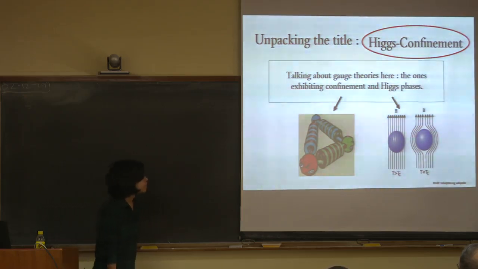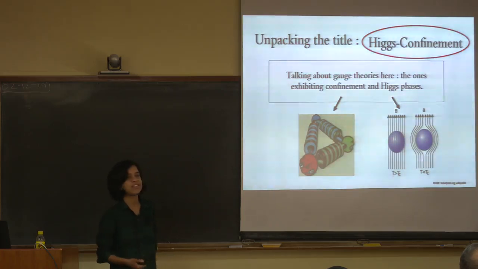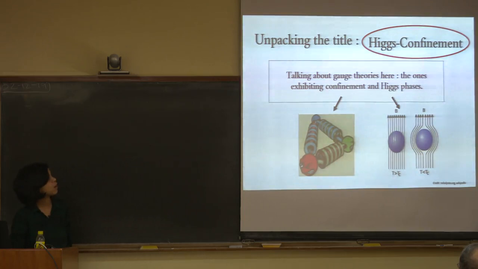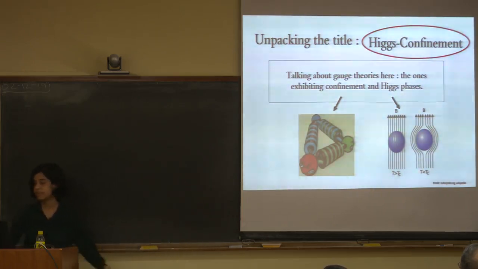But it's just a limitation of the fact that these are the pictures that I could find on the internet. Okay. I couldn't find a picture of an SU(3) gauge theory with Meissner effect and a U(1) gauge theory showing confinement. So that's what this is. But confinement and Higgsing can happen in both SU(N) gauge theories, U(1) gauge theories, and other kinds of gauge theories.